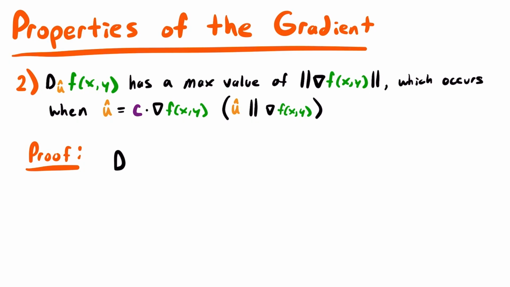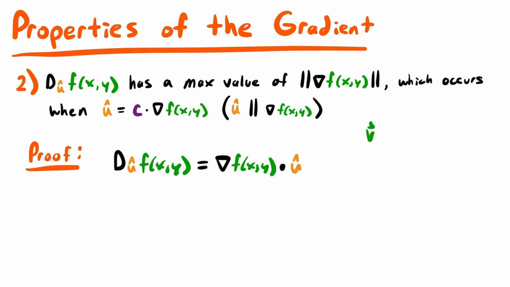Remember that the derivative in the direction of u for a function f of xy is equal to the dot product between the gradient vector and the unit vector. And then what we'll do is rewrite this dot product with a formula that we learned about earlier in Calculus 3. Specifically, this is the formula I'm referring to.